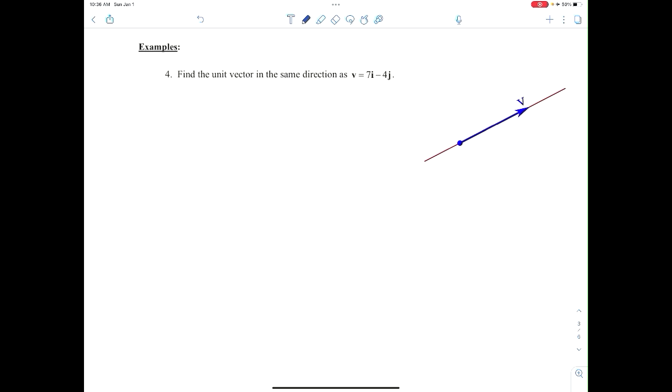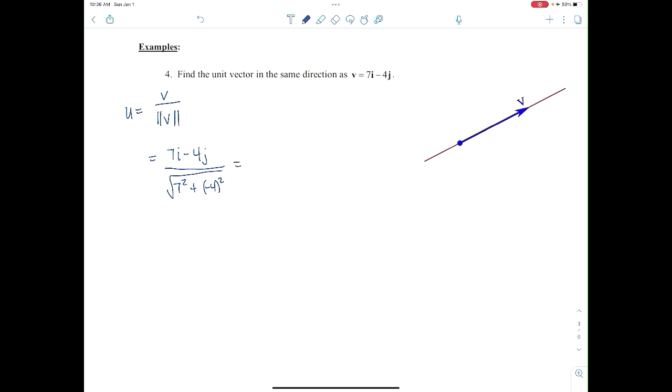So our unit vector formula is going to be u is our vector over the magnitude of the vector. So if we find the vector and we divide it by its magnitude, that'll give us the one unit in that same direction. In this case, our vector is 7i minus 4j, and our magnitude is going to be 7 squared plus negative 4 squared and the square root of this.